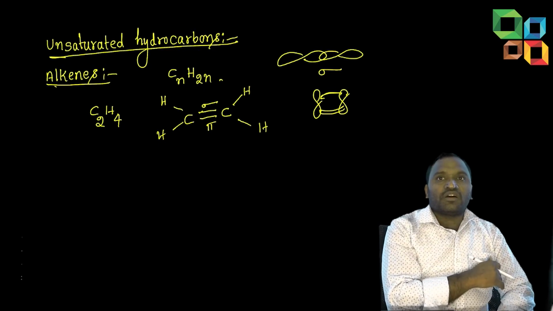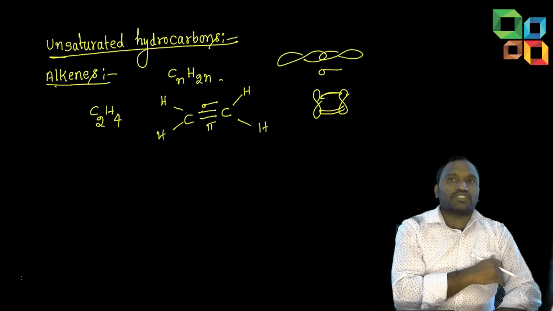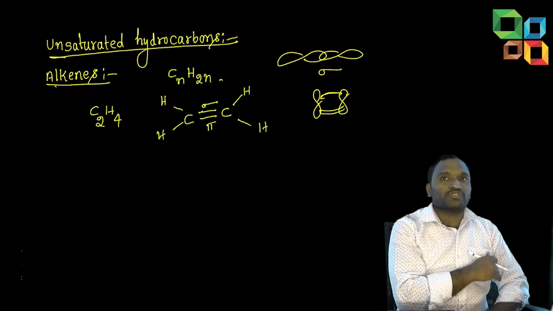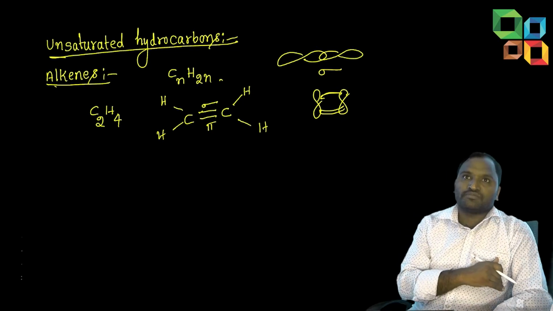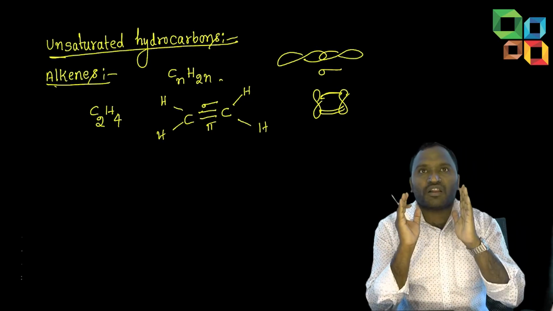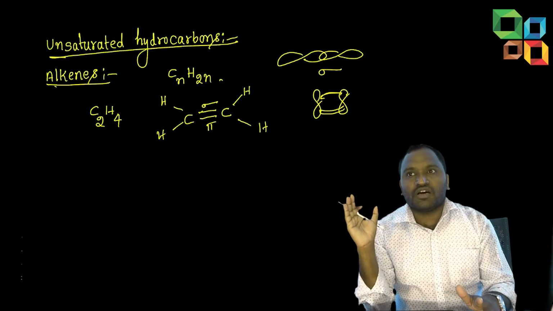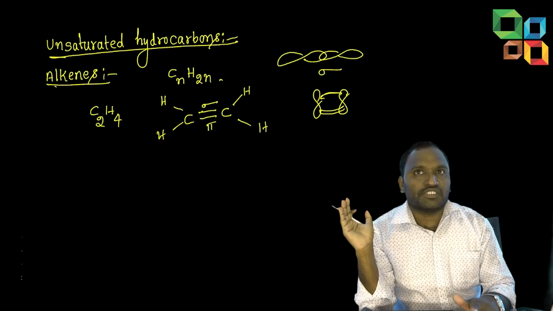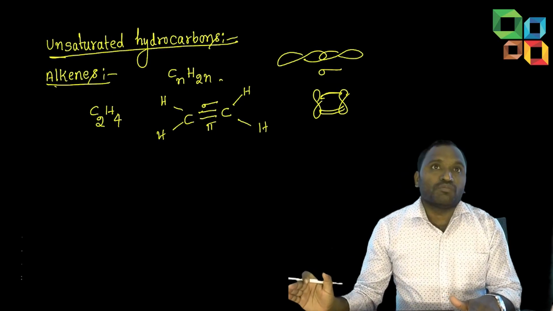Understood, students, why alkenes are called unsaturated hydrocarbons? They do not have sufficient hydrogens to satisfy the valency. If they are unsaturated, they are more reactive.